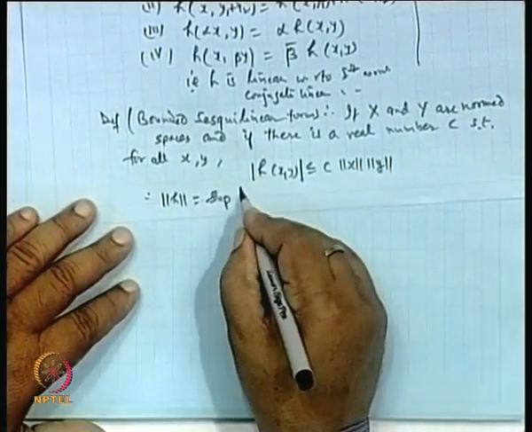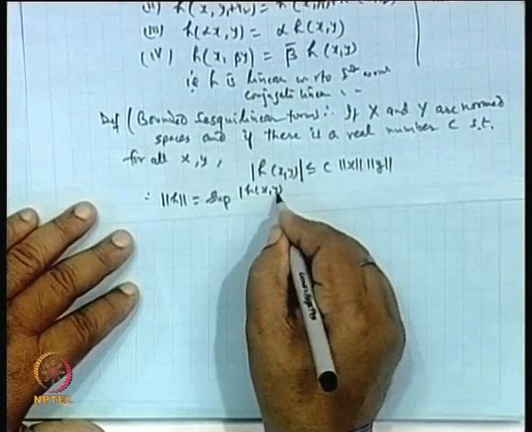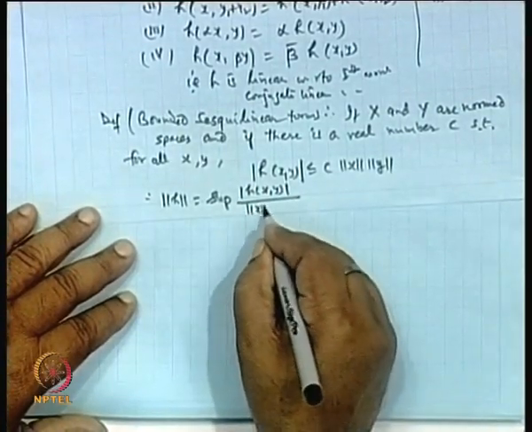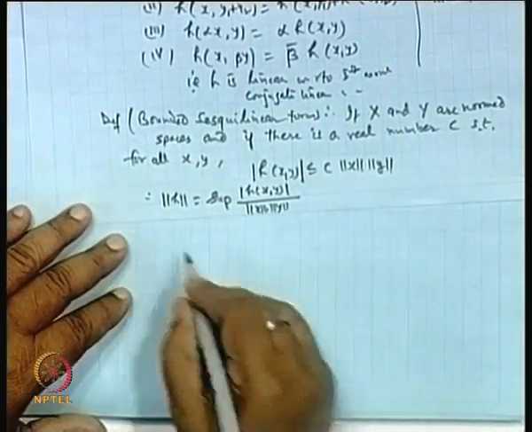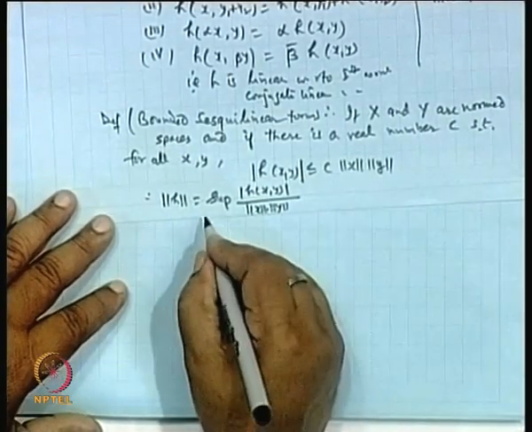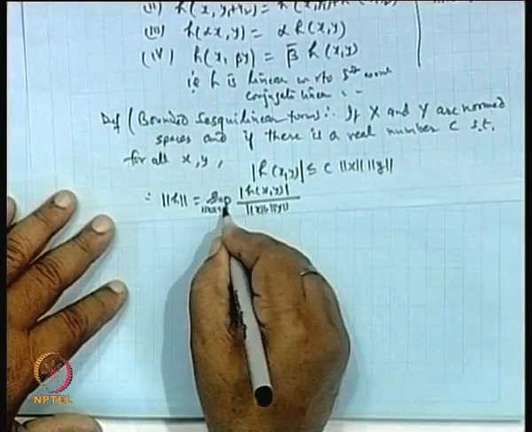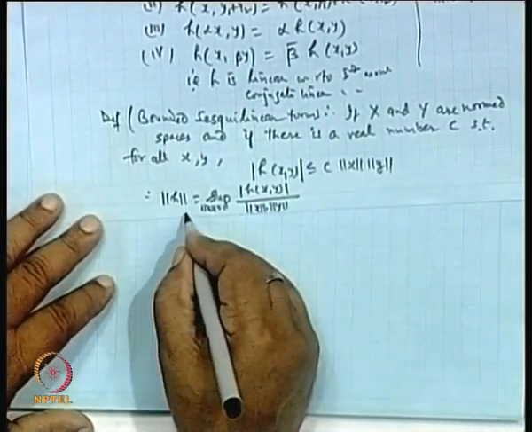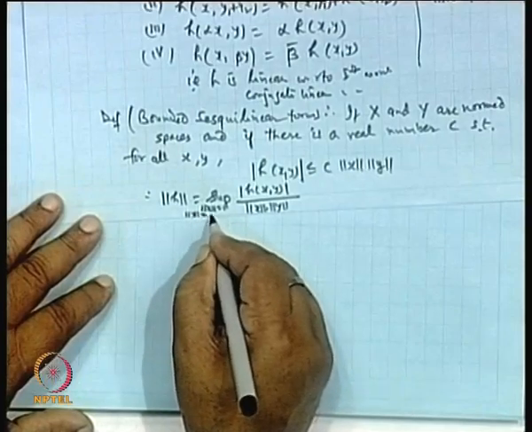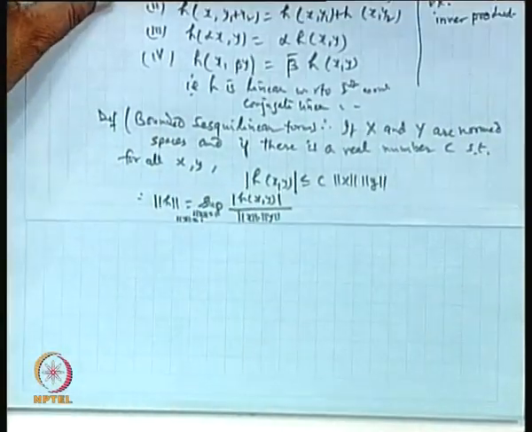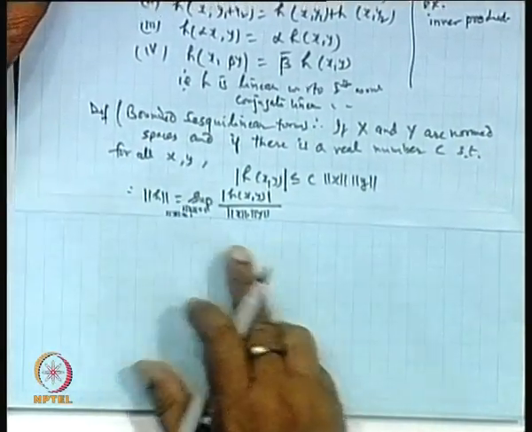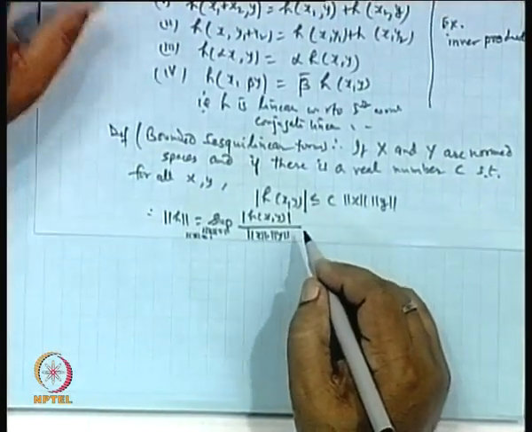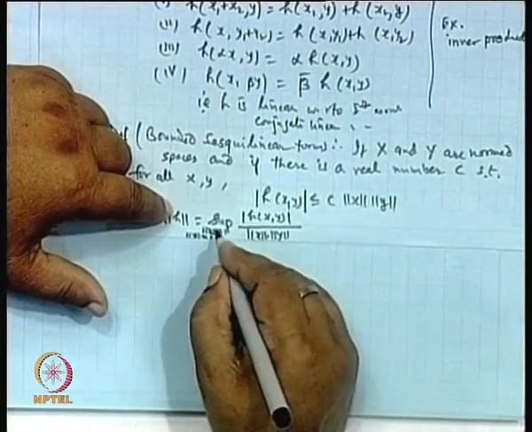modulus of H of x comma y over norm of x into norm of y, where the supremum is taken over all x such that norm x is 1 and norm y is 1. Okay. So, the supremum is taken over norm x equal to 1 and norm y equal to 1.